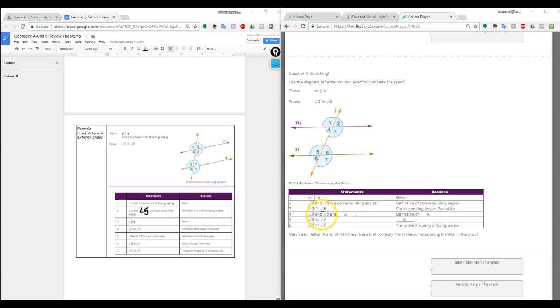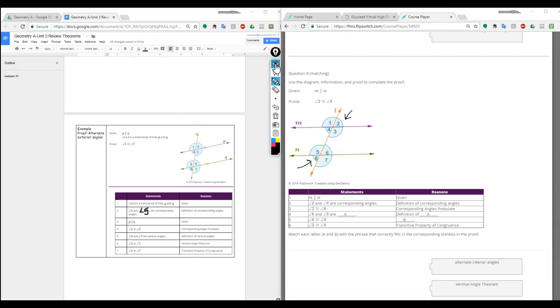And then it says angle 6 and angle 8 are blank. Definition of blank. So if I go down to statement 5 in our example proof, it says angles 5 and 7 are vertical angles. Definition of vertical angles. That is exactly what 6 and 8 are in our example.